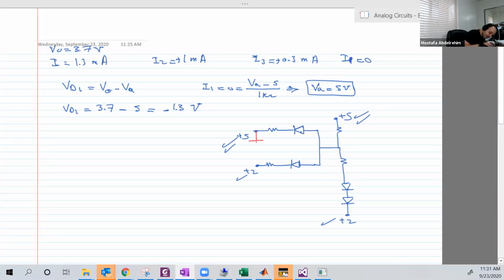So this guy here is a battery just like this. This guy is another battery just like this. This guy is another battery just like this, and this guy is another battery just like this. So these two have higher voltages.